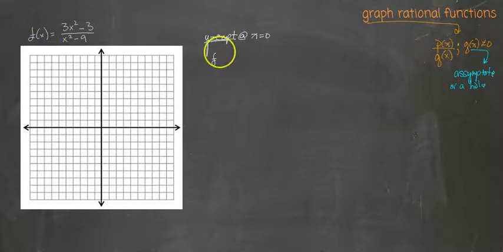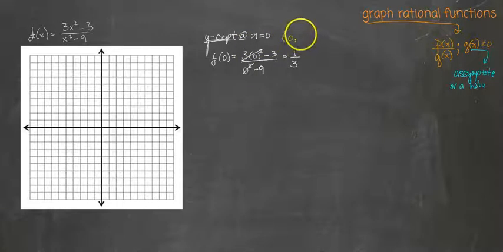So f of 0 equals 3 times 0 squared minus 3 over 0 squared minus 9, but that's just 0. Negative 3 over negative 9 is positive 1/3. So I now know that the y-intercept is at 0, 1/3. Okay. That's a lot of information.